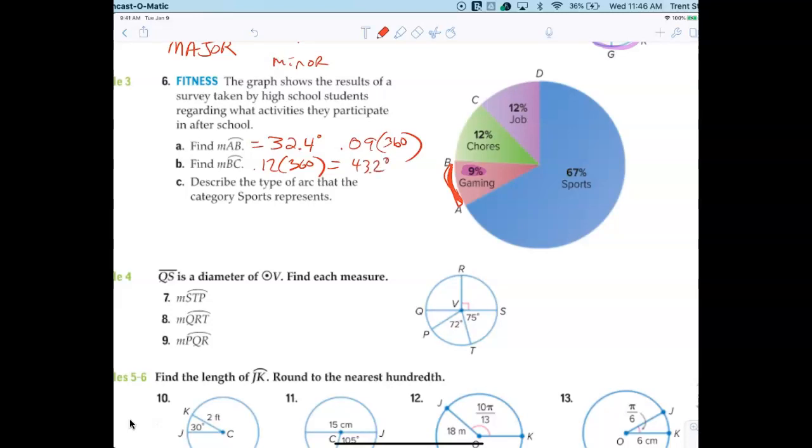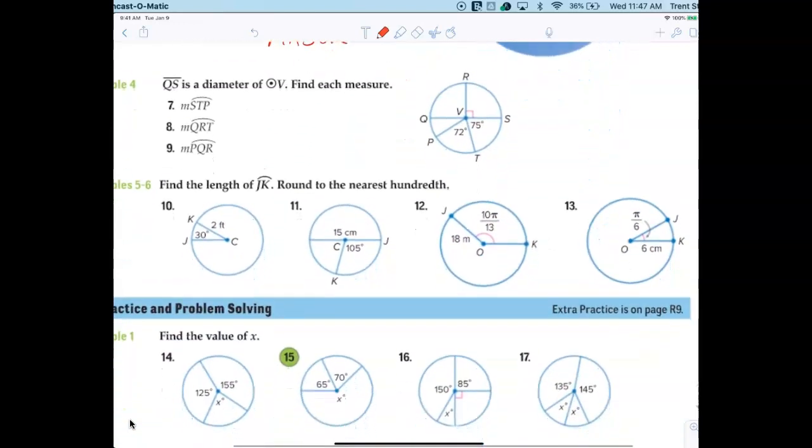Everybody okay with that? So sports would be considered a what? Major arc. Exactly. Easy. All right, let's continue on. Let's see if it gets any harder.